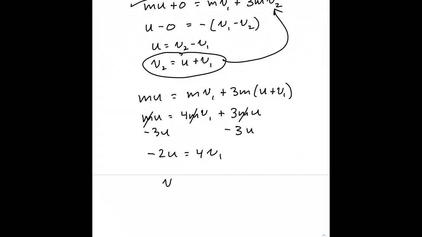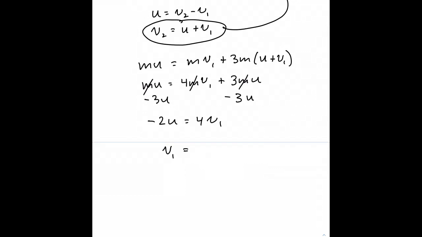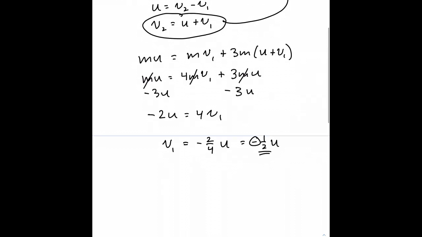In other words, the result is the final velocity of object number 1, which is the one that was initially in motion. Object 2 is the one that was at rest. Object 1 was in motion, and its final velocity is equal to negative 2/4 of its original velocity, or in other words, negative 1/2 of its initial velocity. Negative meaning it reverses direction, and 1/2, of course, means it's not moving as fast.